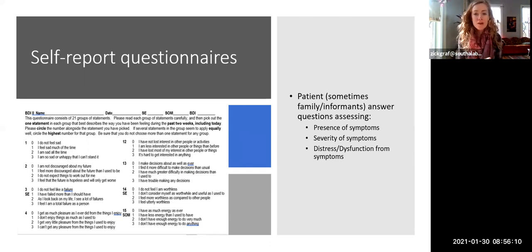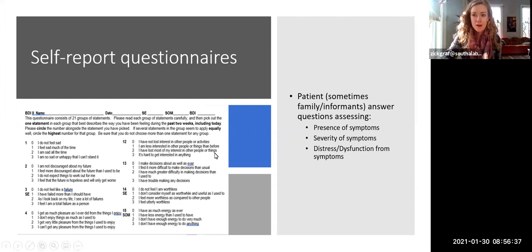Their scores on this measure are then compared to the scores of samples of people who we know not to be depressed, or sometimes just general population samples. So for example, on the Beck Depression Inventory, the threshold for considering someone's depression clinically significant at a mild level is 11. But then there are increasing thresholds for moderate, severe, and extreme depression.